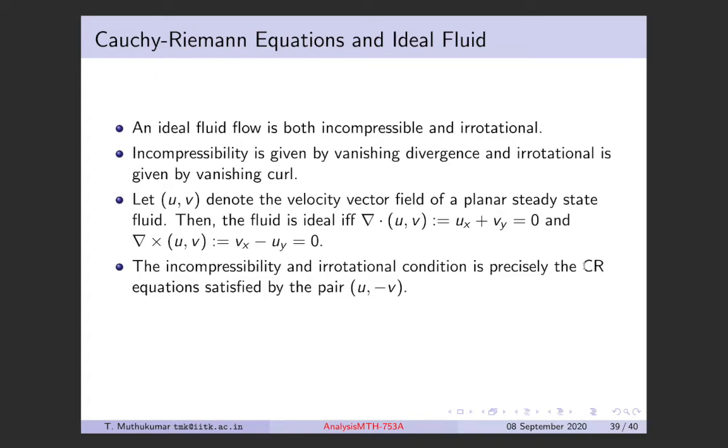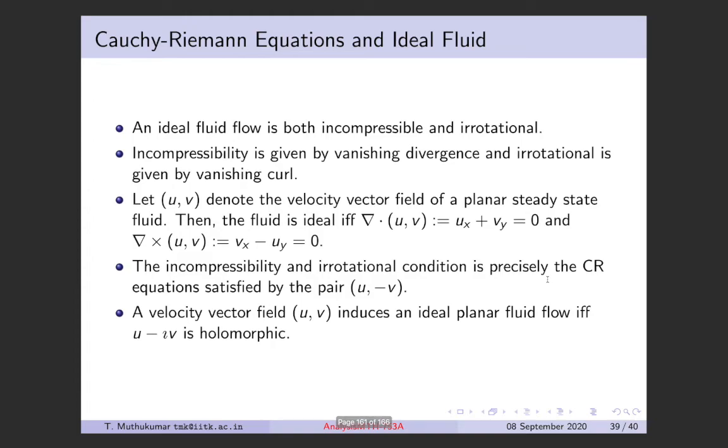Okay, which means if u comma minus v satisfies the Cauchy-Riemann equation, then the function u minus iv is holomorphic. So ideal planar fluid flow can be completely understood by looking at holomorphic functions, where the real and imaginary parts of the holomorphic function denote the velocity components of the fluid.